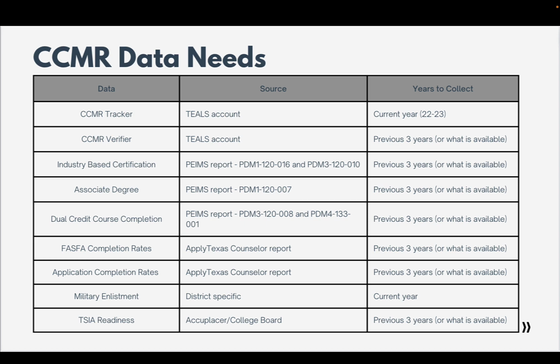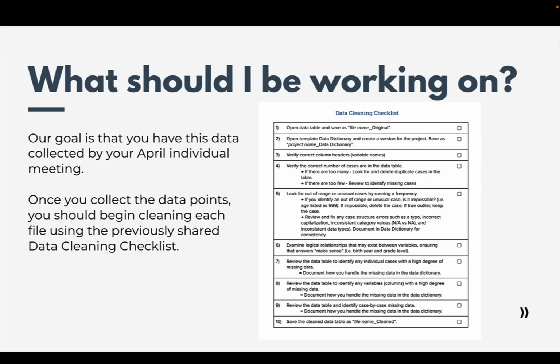The source for each of these data points are presented in this table, along with the years of data that you should be collecting. Our goal is that you will have this data collected by your April individual meeting.